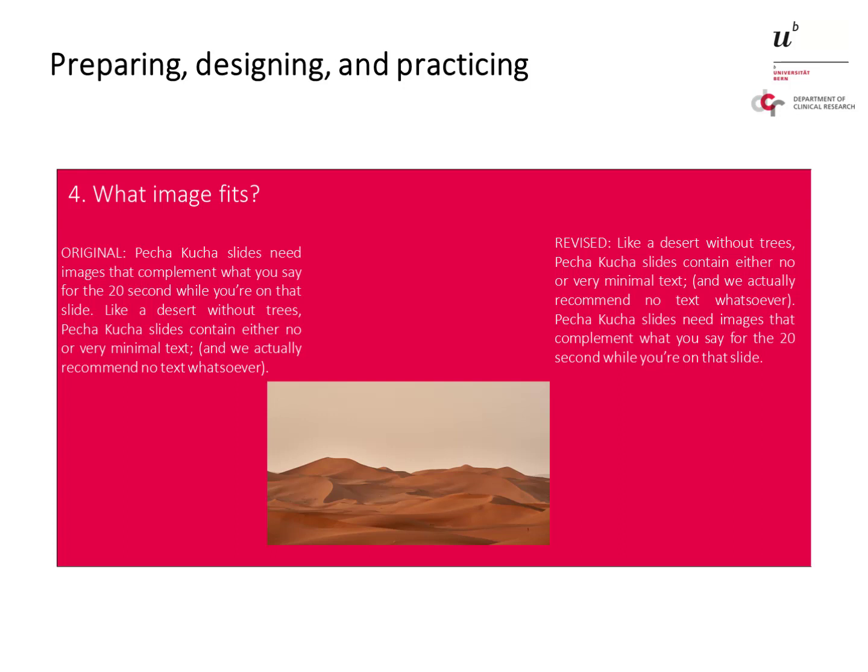To my mind, the slide made sense both ways, but my family member who listened to me practice the Pecha Kucha about Pecha Kucha thought it made more sense to an audience who maybe needed a little help getting to the main point of the slide faster. I ended up moving the sentence earlier. So the revised portion read like this: like a desert without trees, Pecha Kucha slides contain either no or very minimal text.